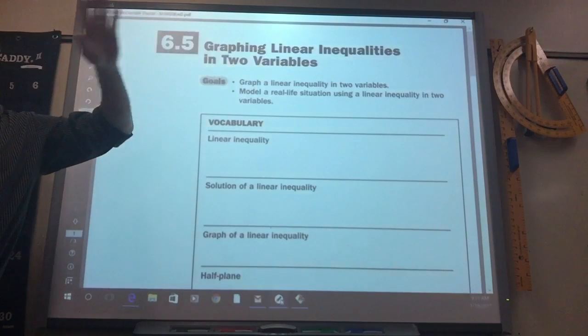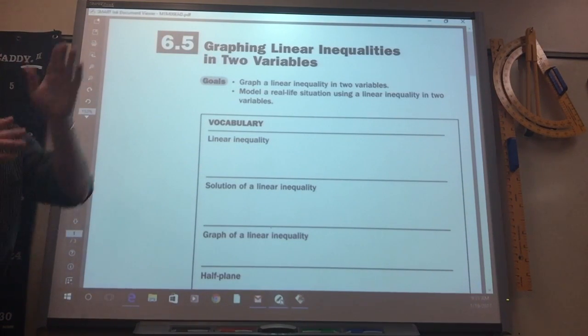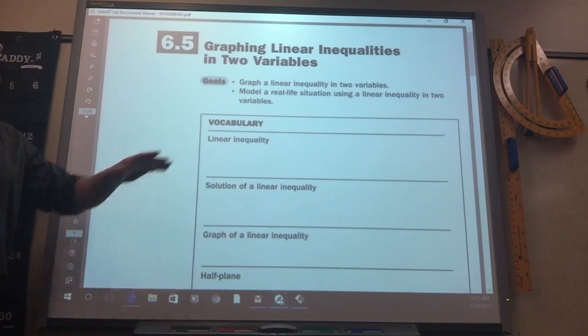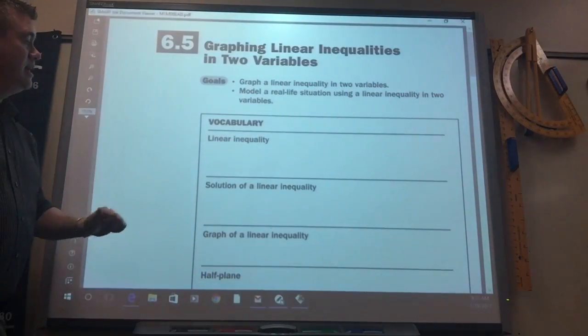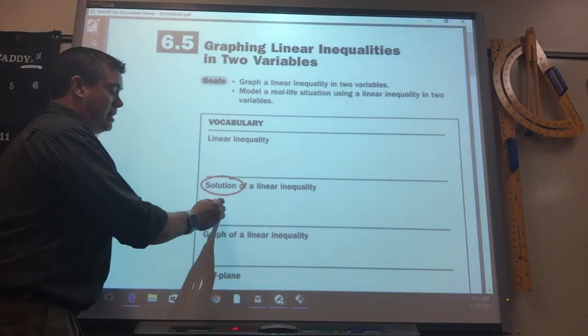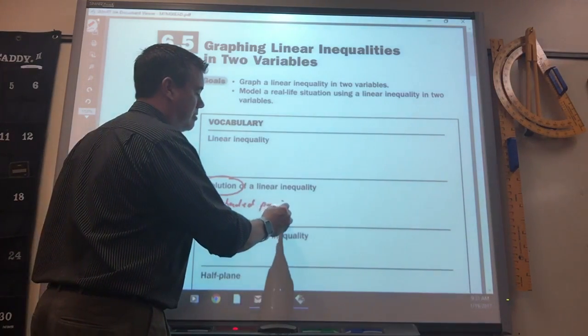Graphing inequalities is almost identical to that, except once you draw your line on there, you either draw a dotted line or a solid line, and then you shade one side or the other. So that's really only what's added when we do inequalities. Okay? The solution of a linear inequality is everything that's on the shaded part of your graph.